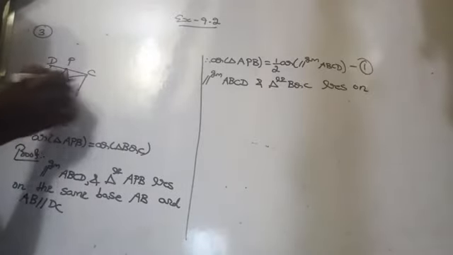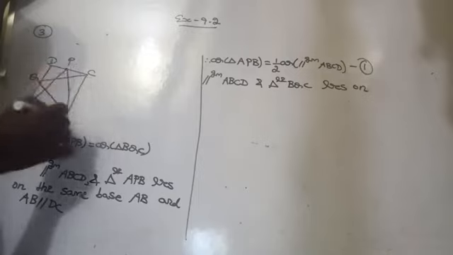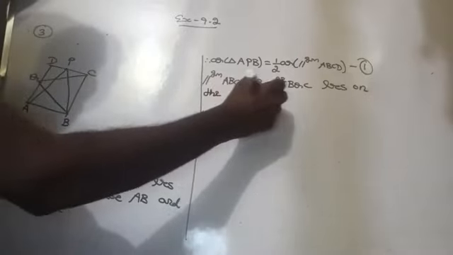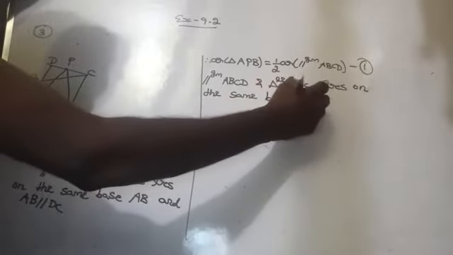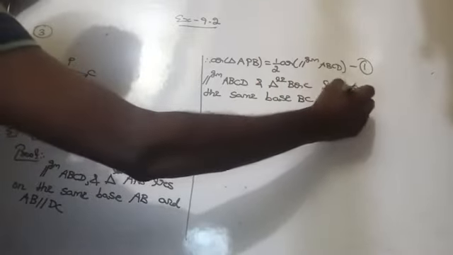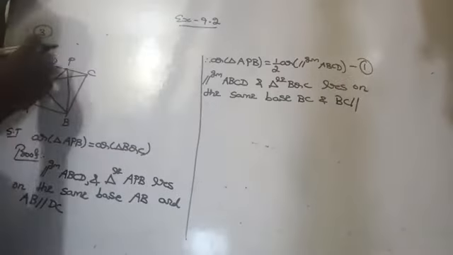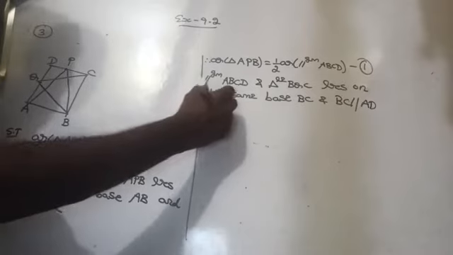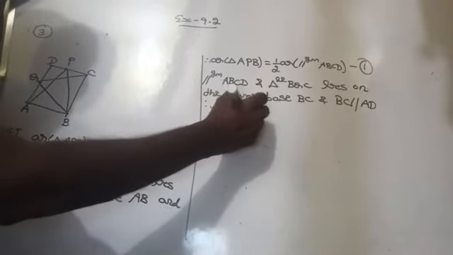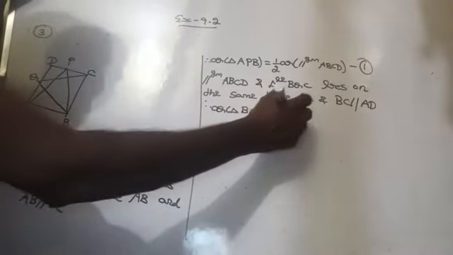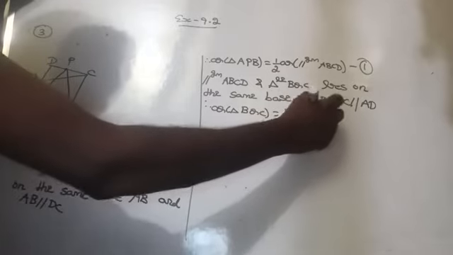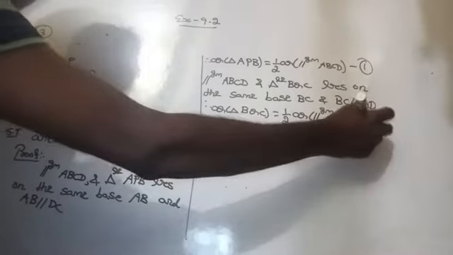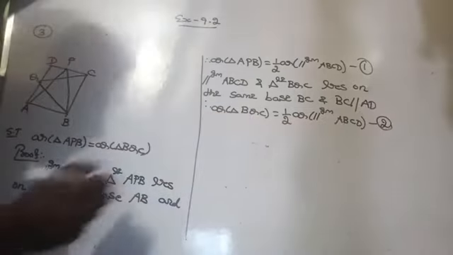This BQC and ABCD lie on the same base BC, and BC is parallel to AD here. Therefore, area of triangle is equal to half of the area of the parallelogram ABCD. Am I right here? So let it be equation number 2.